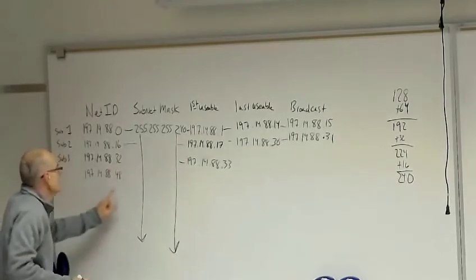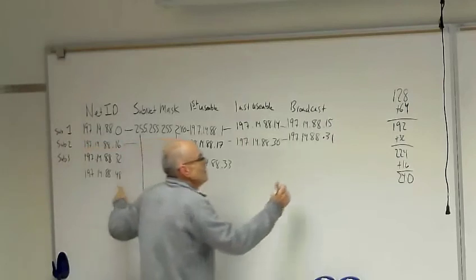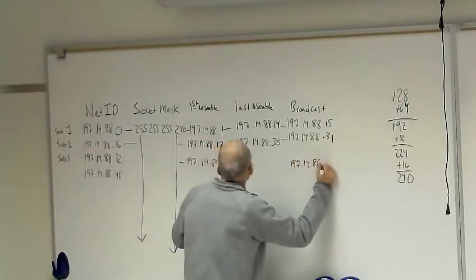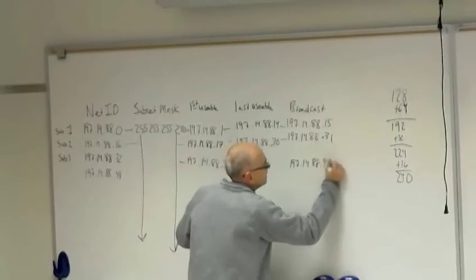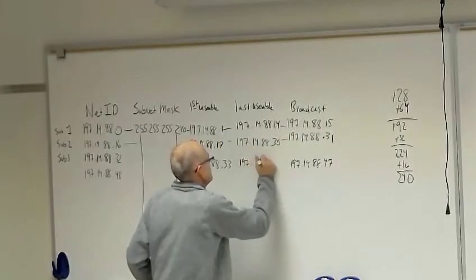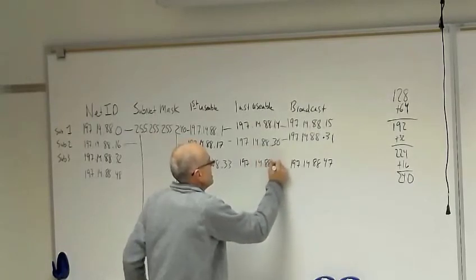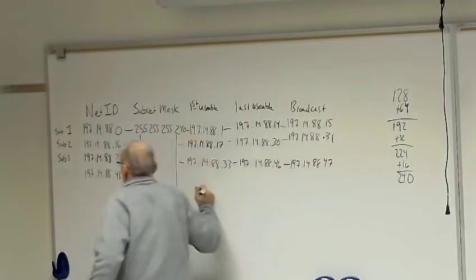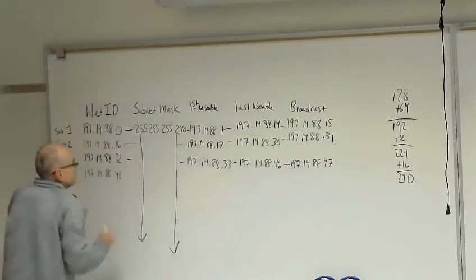All right, so 48. 48, the number right before 48 is 197.14.88.47. And the number right before 47 is 197.14.88.46, right? Yes. Okay, so we've handled subnet 3 here completely.